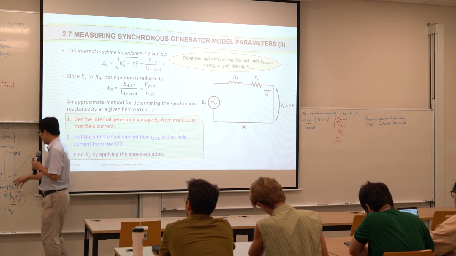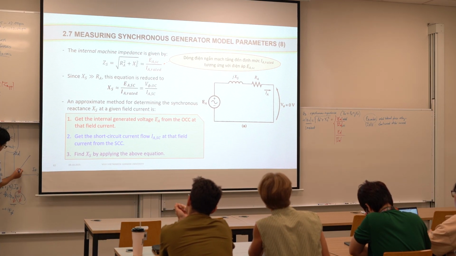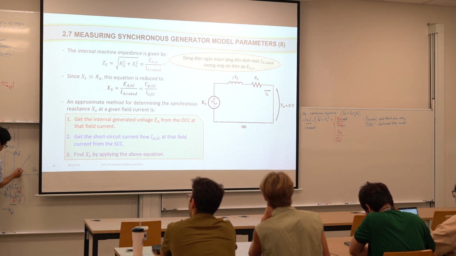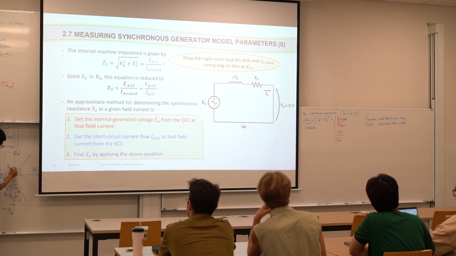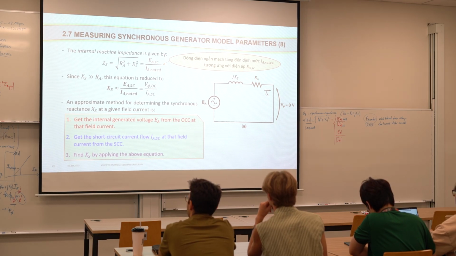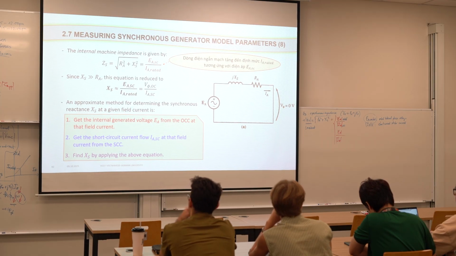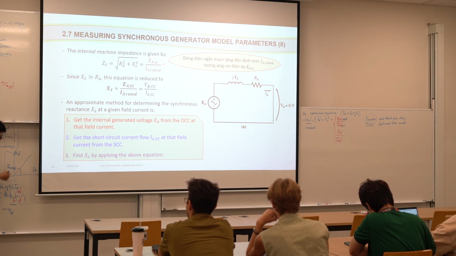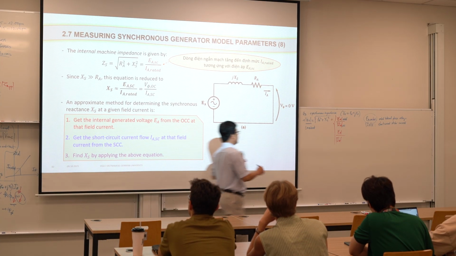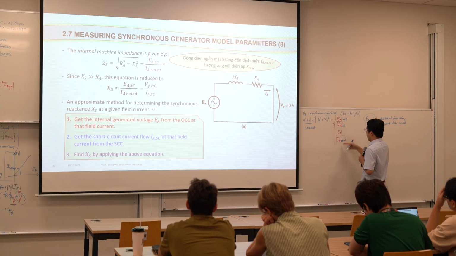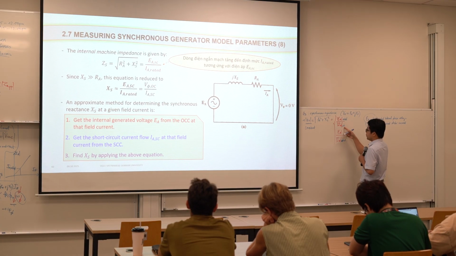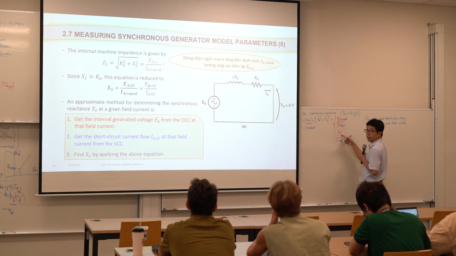When I reduce IF, after some time I get IA rated. Of course, IF is very small. IA rated is less than IA short circuit, so EA is also reduced.